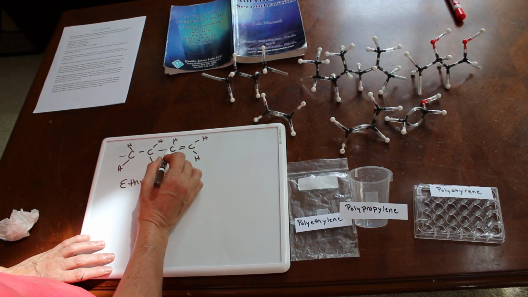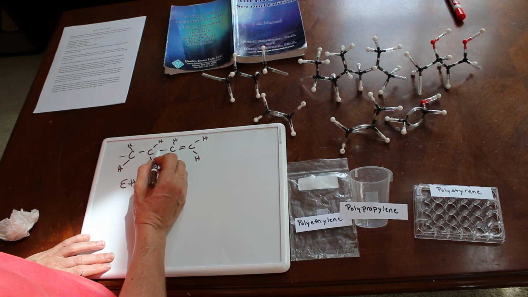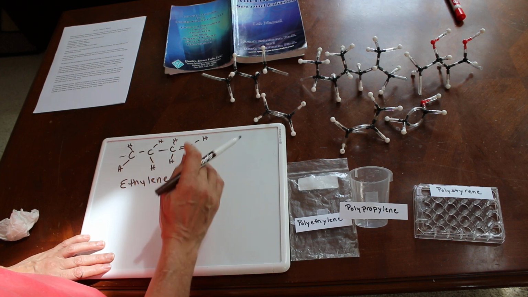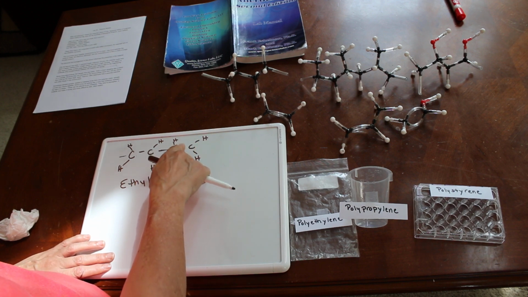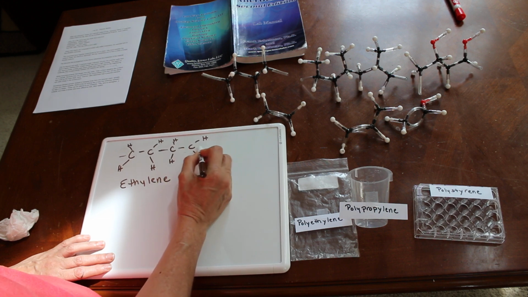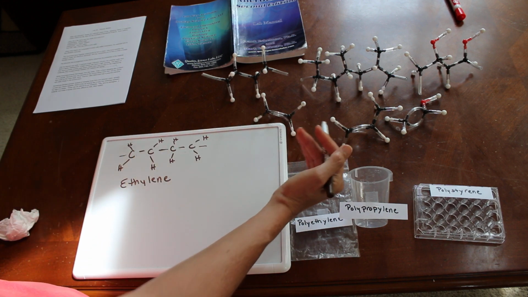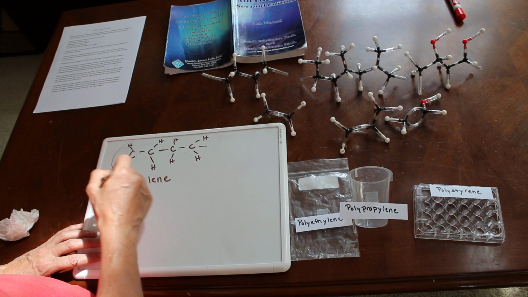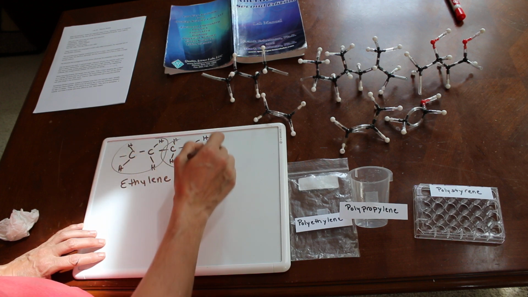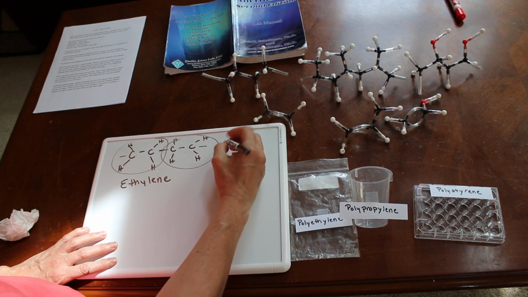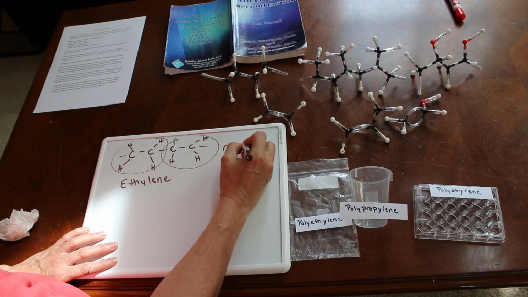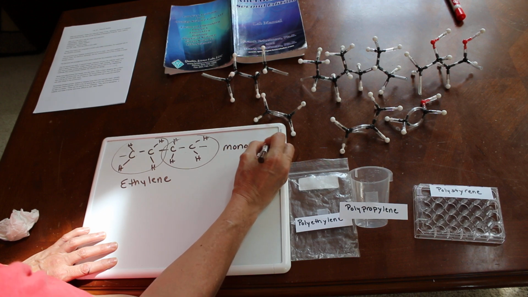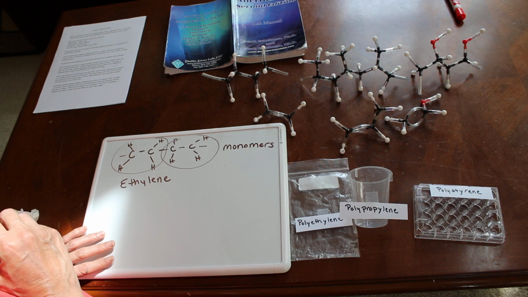Here's this covalent bond with the next monomer connecting with its carbon. And again, this one breaks, that double bond breaks, and then the chain continues. And so you can see how these are composed of a bunch of different monomers. And I'll write that down, monomers. Okay?